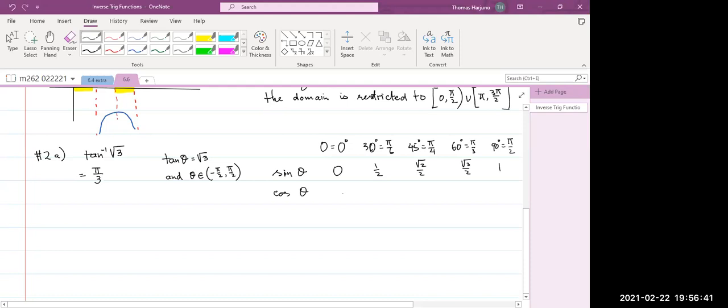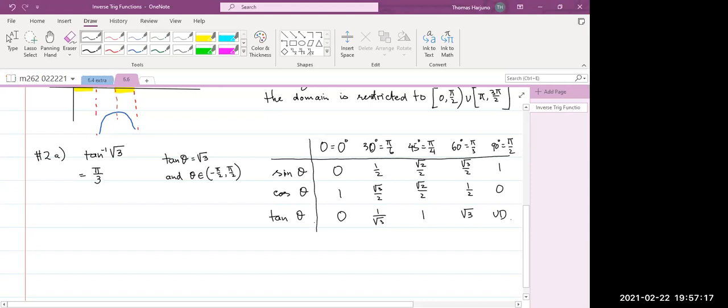Cosine theta is 1, radical 3 over 2, radical 2 over 2, 1/2, 0. For tangent, 0 is 0, tangent 30 degrees is 1 over radical 3, tangent 45 degrees is 1, tangent 60 degrees is radical 3, and tangent 90 degrees is undefined. You need to memorize this, at least this. Not to say the reciprocals: secant, cosecant, cotangent.